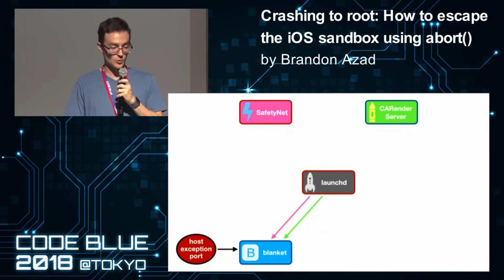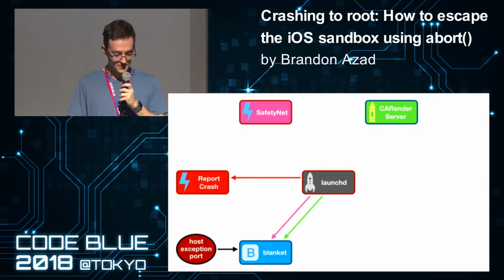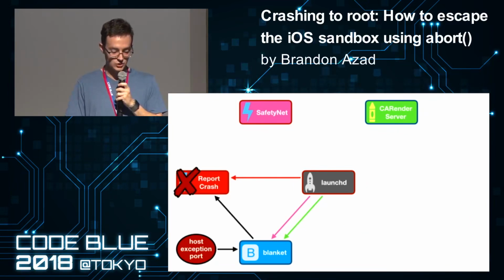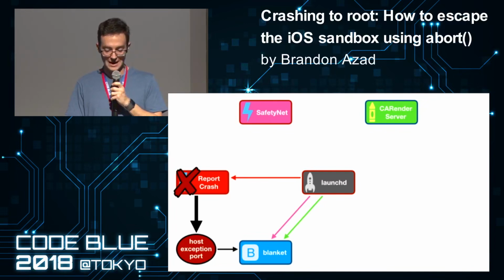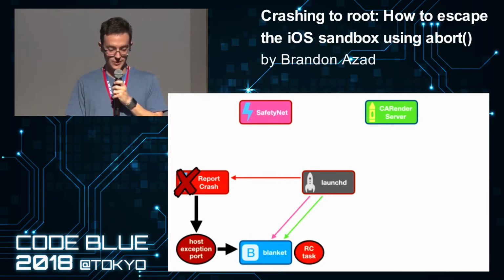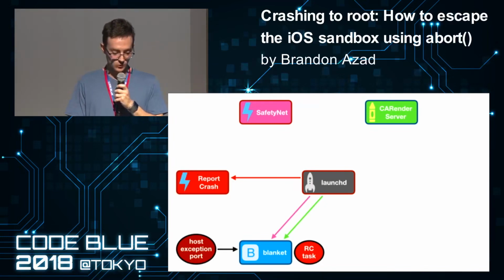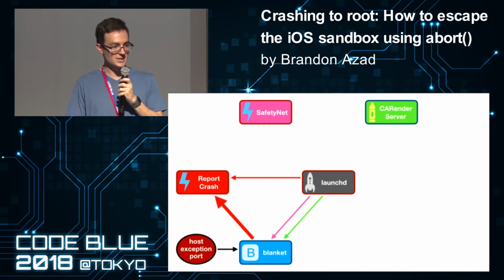At this point, we repeat the first leg of the attack. We make report crash start up again and send it a message causing it to crash, and this time there is a registered exception handler for EXC_BAD_ACCESS, which means that we receive the exception message with a copy of report crash's task port. And this time the exception is recoverable, so we can fix up report crash and then use the task port to take control over it.